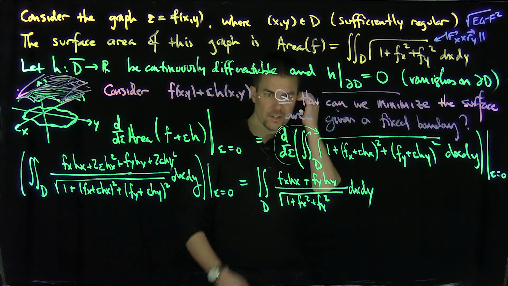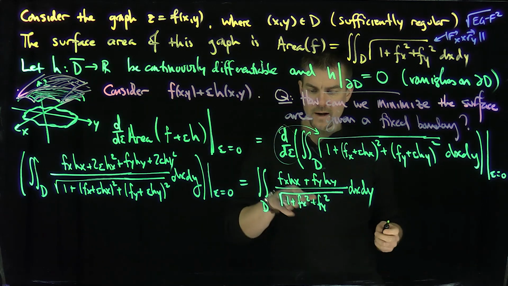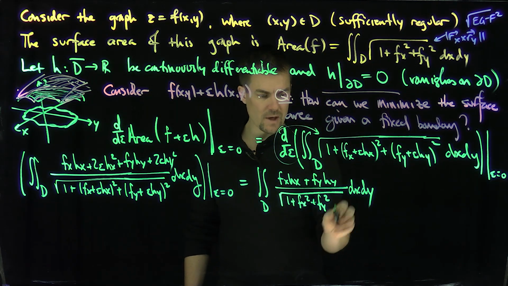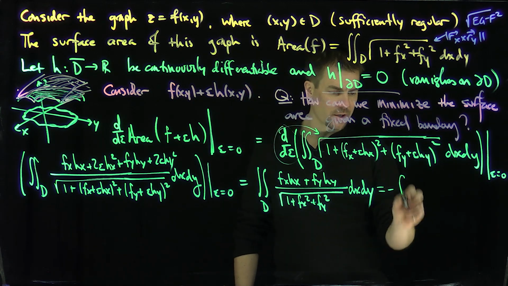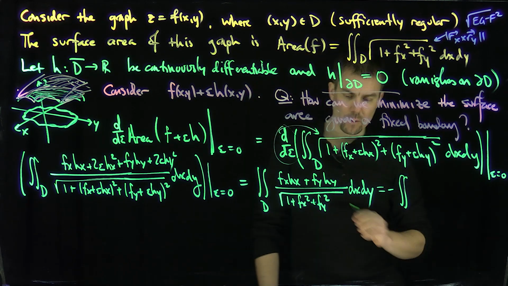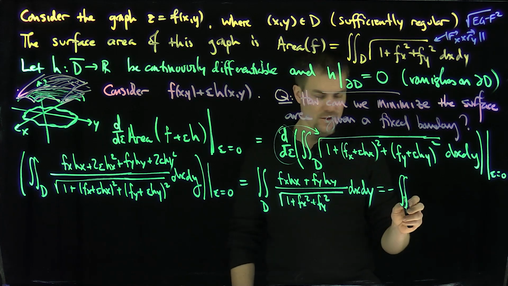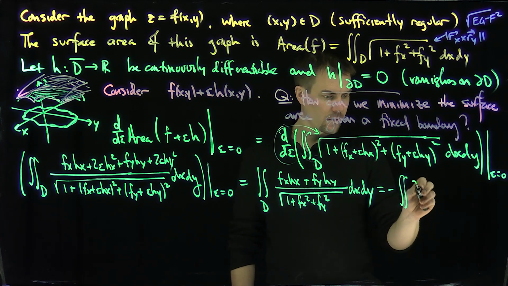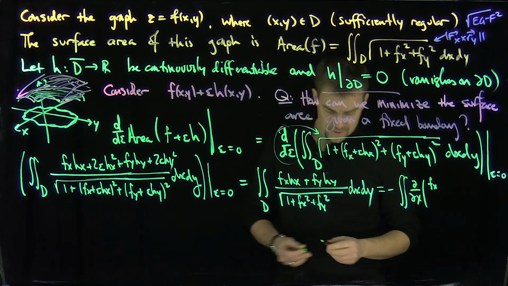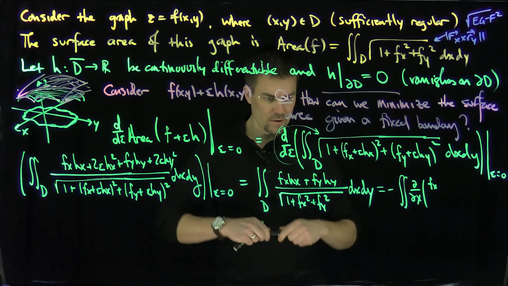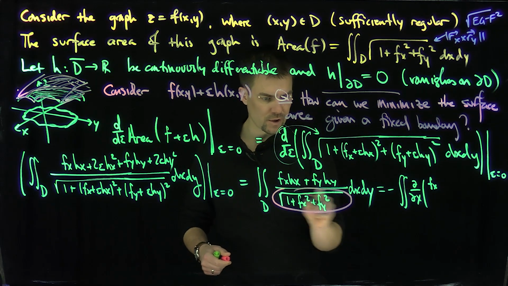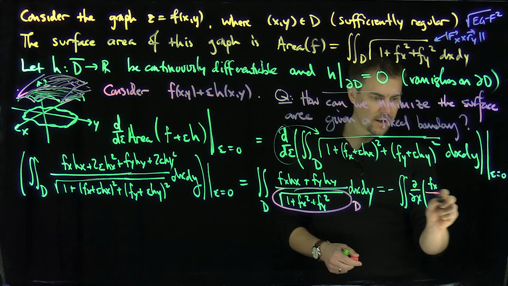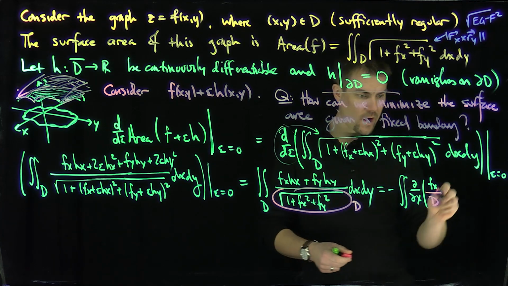And if we integrate by parts, I can put an x derivative on this term with just the f's. This is going to be negative, by integrating by parts and by vanishing of the boundary. There are no boundary terms by the assumption that h vanishes on the boundary of D. I'm going to have an x derivative of fx over D. I'm just going to call this whole denominator expression D, which of course depends on x and y, to make my life a little easier.